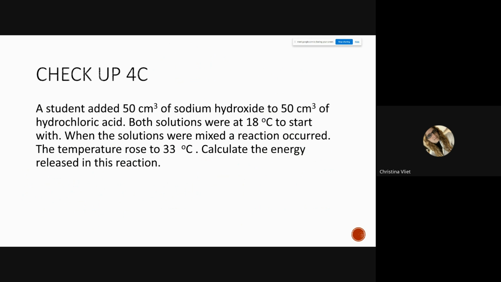Step it up again. What do we got going on here? A student adds 50 centimeters cubed of sodium hydroxide and 50 centimeters cubed of hydrochloric acid. They basically just mix them together.